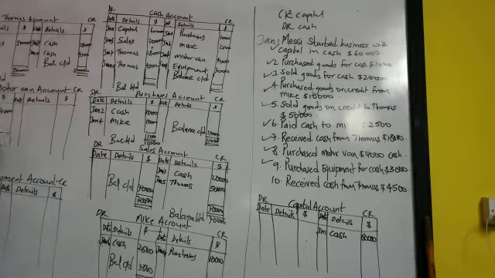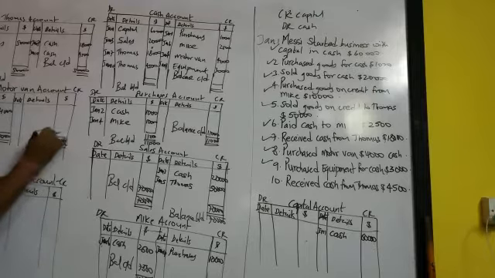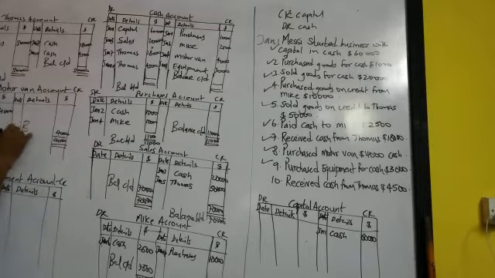And then we have to close motor van account. Motor van 4 000, 4 000 minus 0 gives us balance CD, and then balance BD, 4 000.